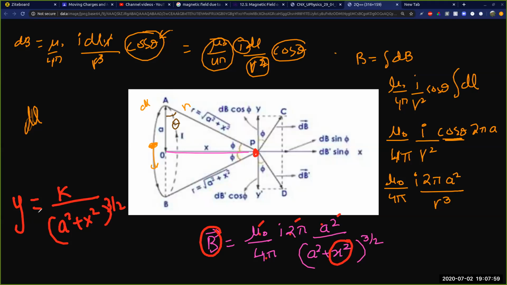This is the variation, right? And make this graph also in your notebook. The graph is like this.